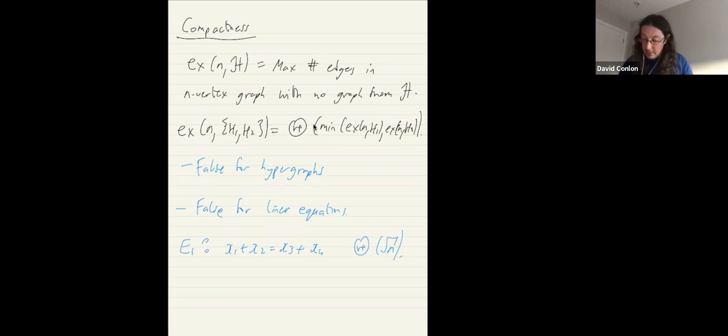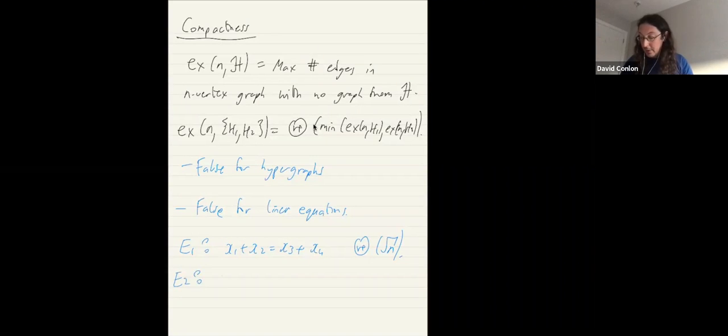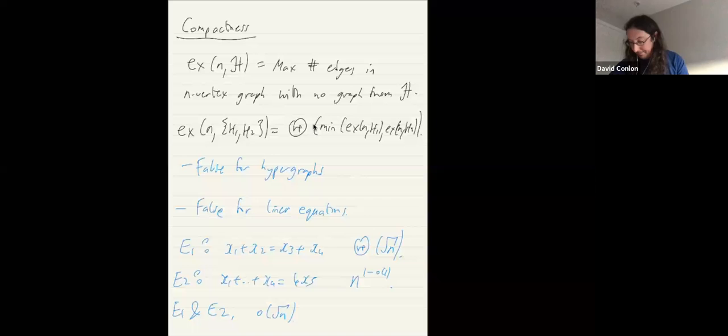For translation invariant equations of this form, so say x1 plus x4 is equal to 4x5, we know in that case that the answer is actually n to the 1 minus little o1. So the power is actually close to 1. But if you take both of them together, then the extremal number is little o square root of n. So somehow, with both equations together, it's easier to avoid one or the other than it is to avoid either. And it would be interesting to explore that phenomenon more, understand when this kind of thing happens.